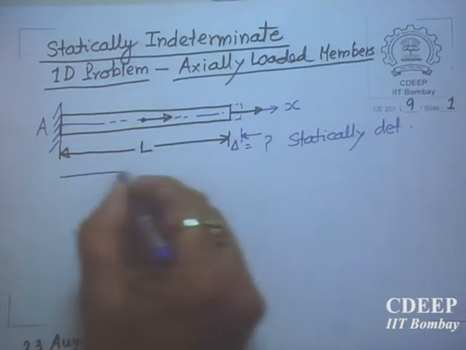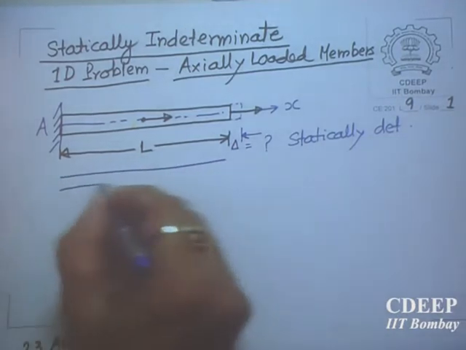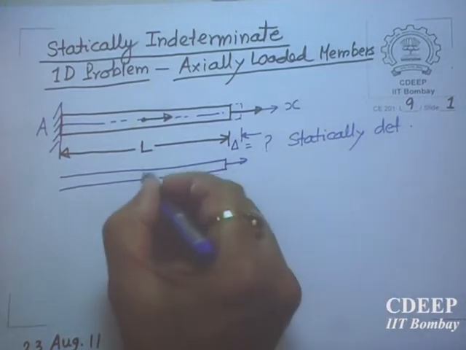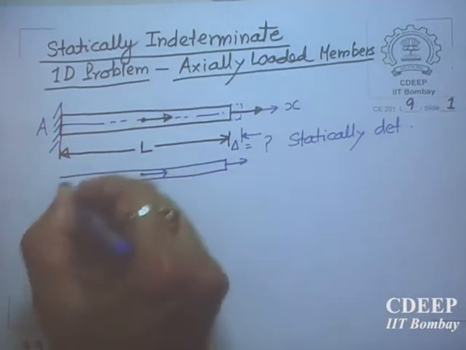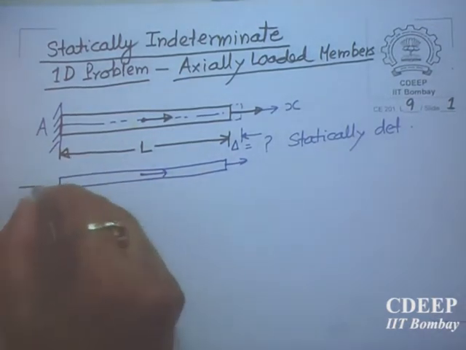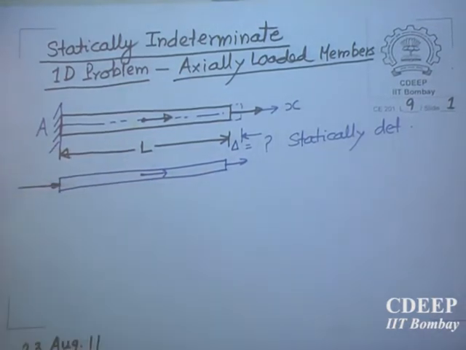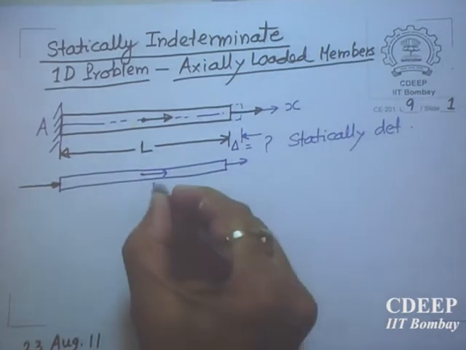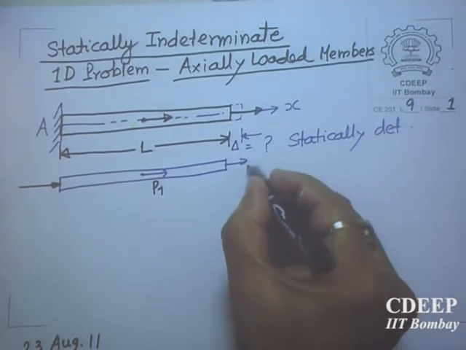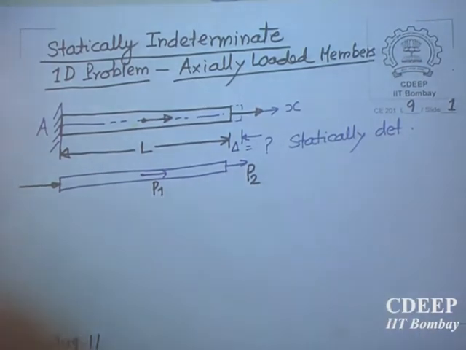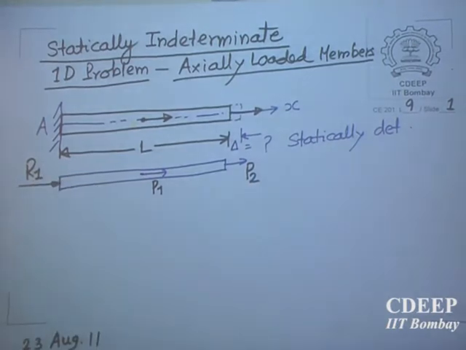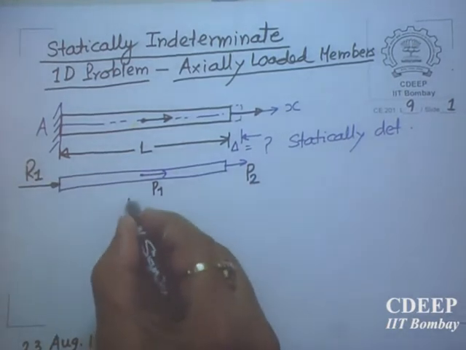because the free body diagram of this one will be a load here, and at this end there will be a reaction R1. This is the free body diagram of this problem.